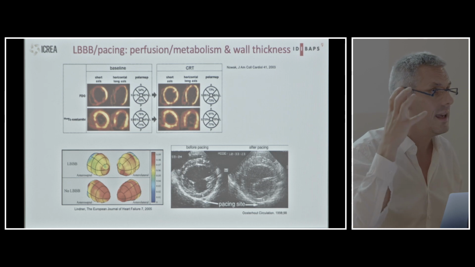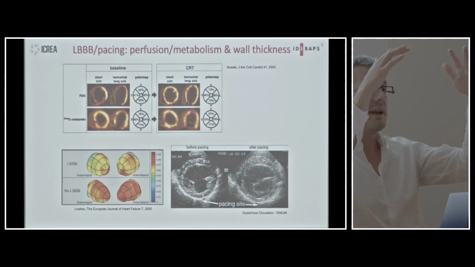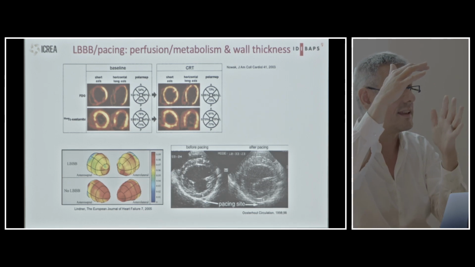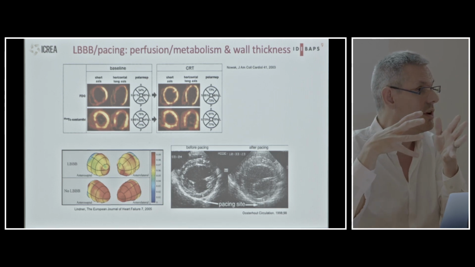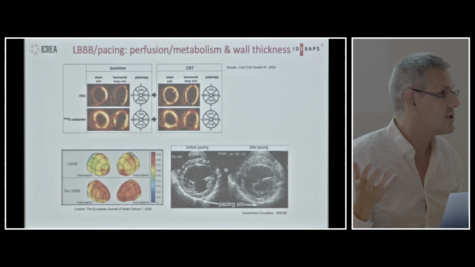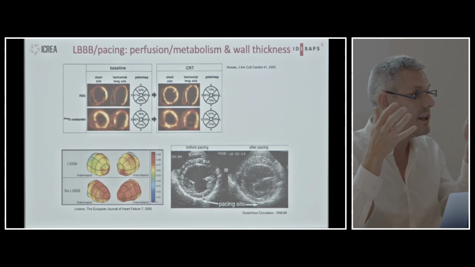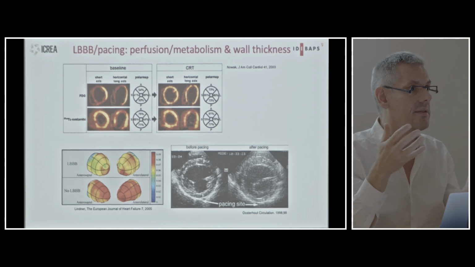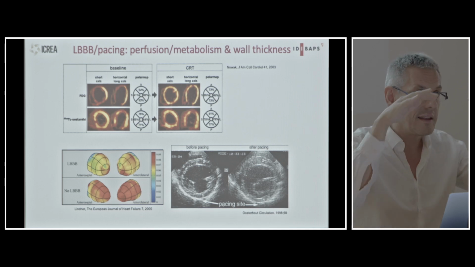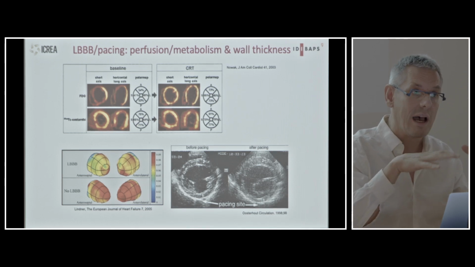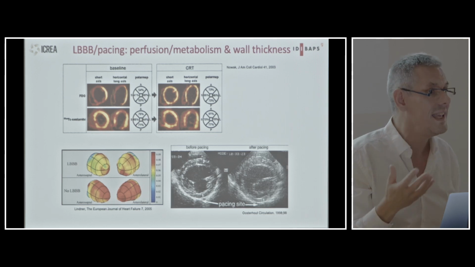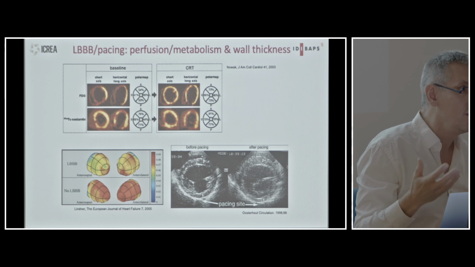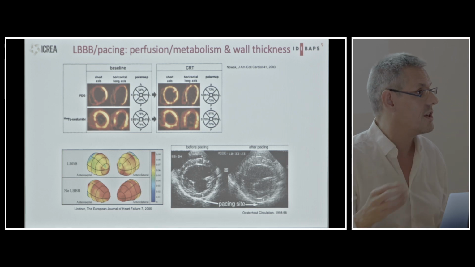But when you start thinking about it, when the septum is starting to contract by just stretching the lateral wall and not building up pressure, the septum is not using a lot of energy. So there's virtually no metabolism because there's not a lot of energy consumption. So the metabolism and the flow are kind of downgraded, not because there's a problem in flow or metabolism, but because there's no need whatsoever, because it's an unloaded contraction, so there is no energy consumption.